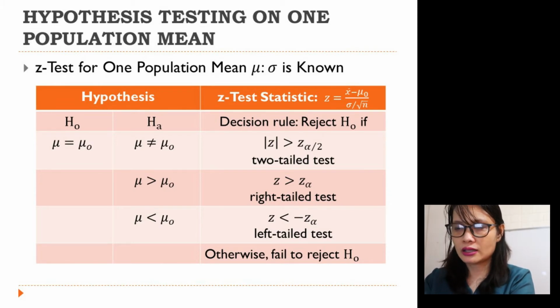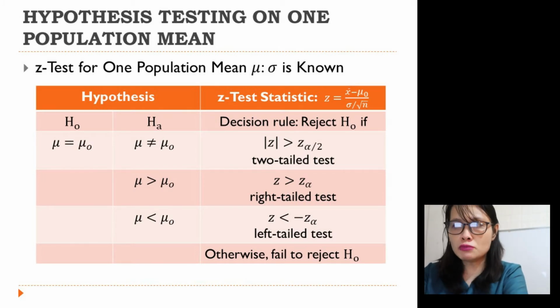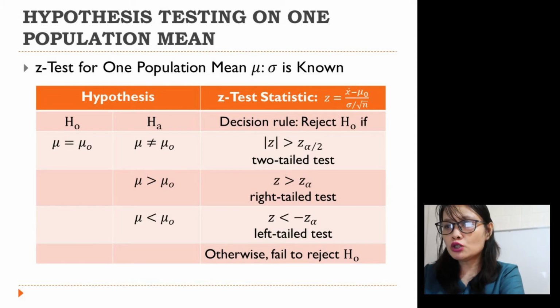Yan. If your HA is greater than mu sub O, we need to use the one-tailed test, or that is the right-tailed test. Isang tailed lang, pero going to the right. Next, if your mu is less than the hypothesized population, then we will be using left-tailed test.